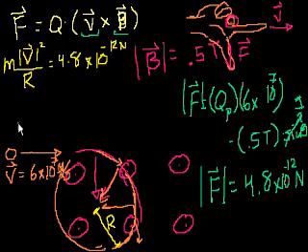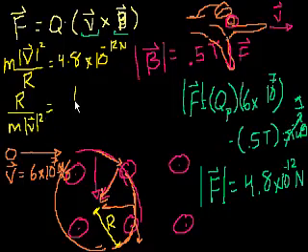And so the radius is going to be, if we flip both sides of this equation, we get radius over mass velocity squared is equal to 1 over 4.8 times 10 to the minus 12.